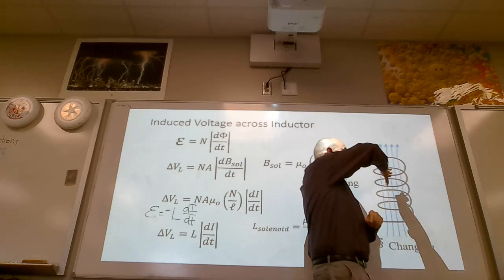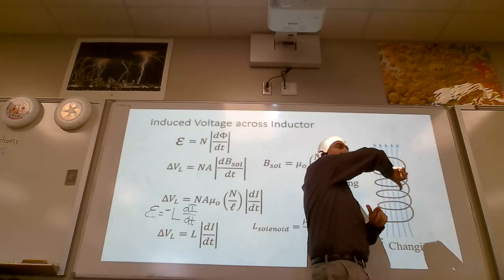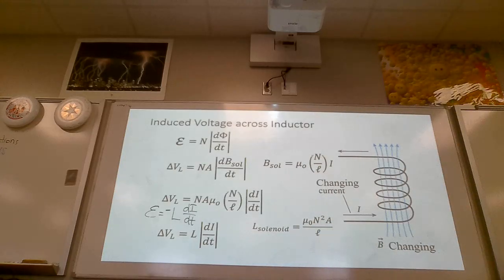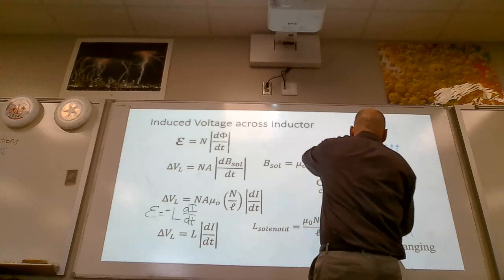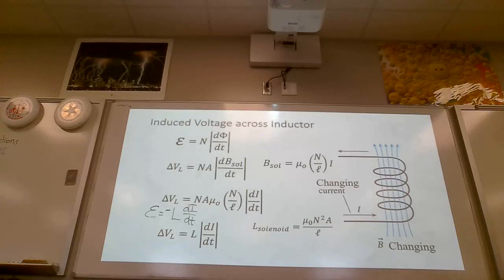The electric field that's induced is going in opposition to that. So this thing is fighting that increase of current. And so because of that, there's a voltage drop across there. And how quickly that current is changing determines how much voltage is induced across that.